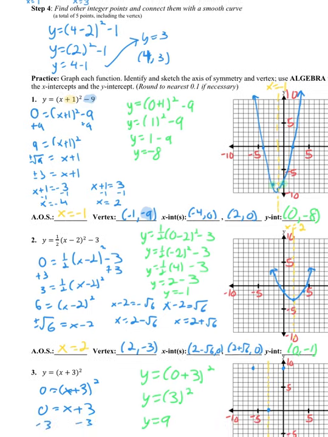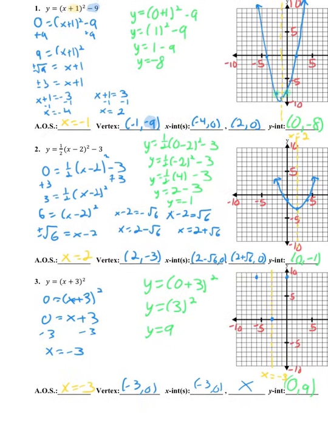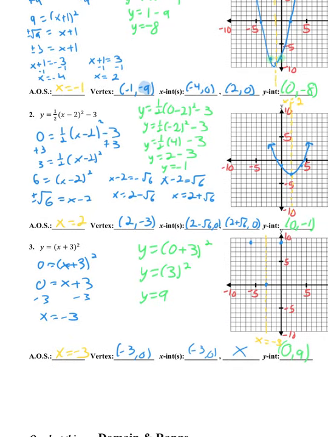Okay, and then for the last one here, problem 3, it turns out that my vertex is also my only x-intercept. There's no other x-intercept. And my axis of symmetry is x equals negative 3 as well. The question here, though, is I only have 3 points, and I want at least 5 to plot.